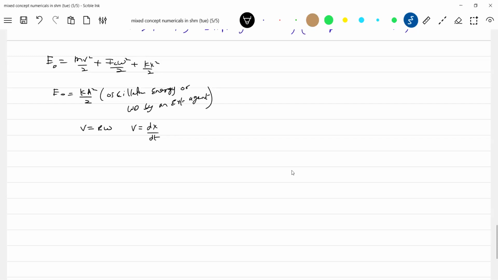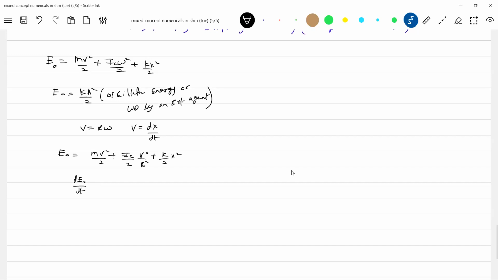Let me replace all the things. So E naught is equal to mv square by 2 plus IC omega square by 2, and omega will be V square by R square, equal to K by 2 X square. I have to differentiate this one.